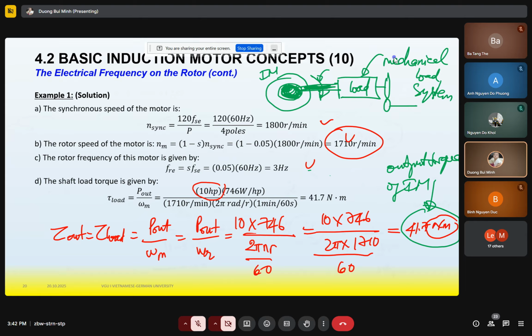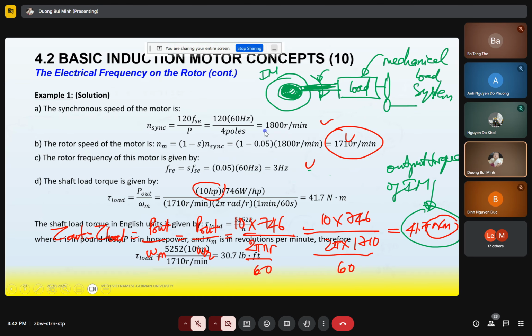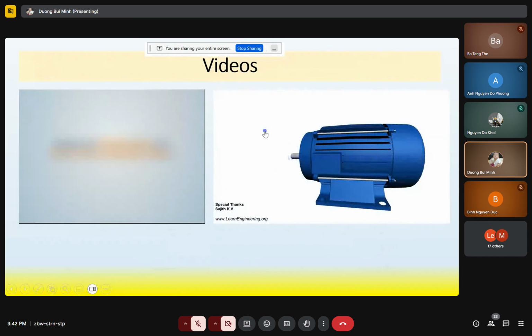Okay, yeah, next. So we have a video of the operation of induction motors.